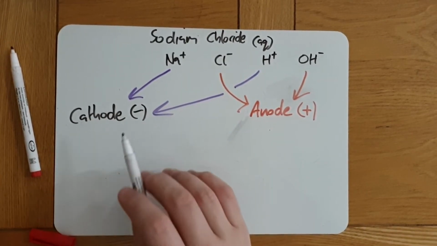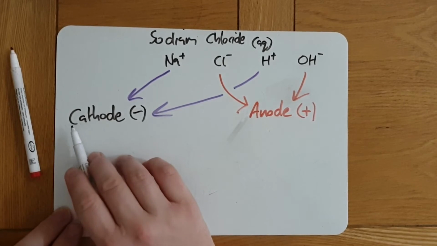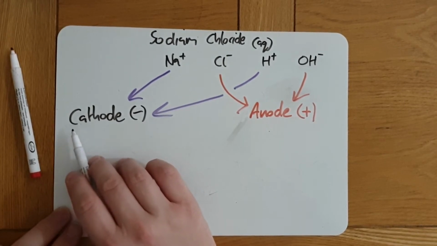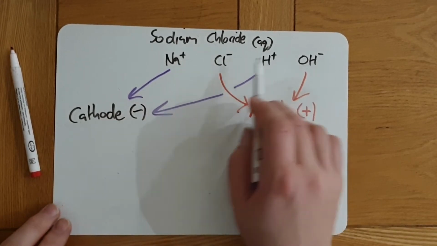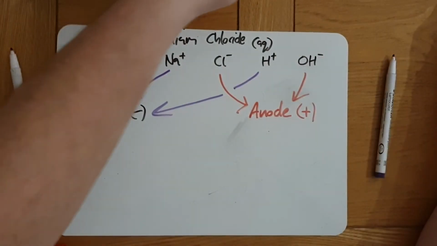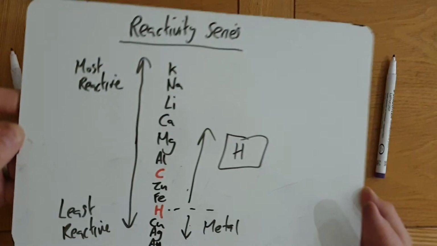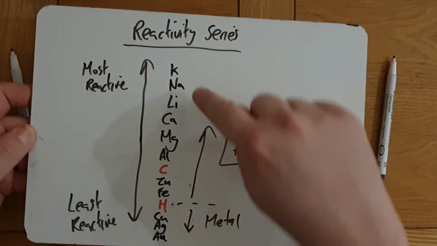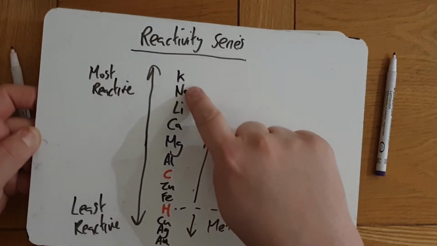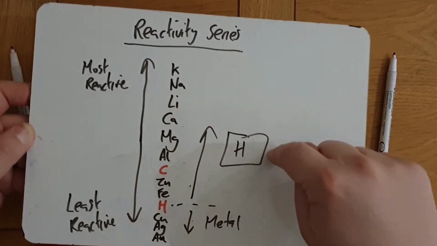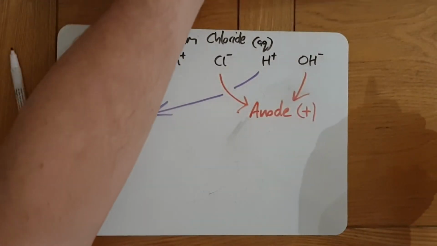So let's do the cathode first. Cathode is reduction, and oil rig, reduction is gain. So we're going to gain electrons. But which one of these 2 reacts? Remember, for the metal, we need to go back to our reactivity series. Na, sodium, is all the way near the top. It's definitely above hydrogen, which means we don't make the metal, we make hydrogen instead.